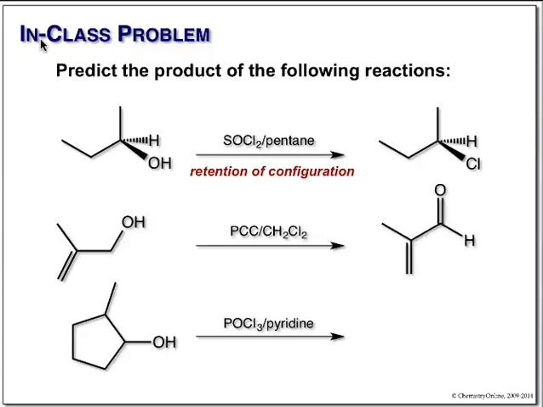All right, POCl3 in pyridine. POCl3 is going to react with our hydroxyl group, and we're going to get an intermediate chlorophosphate ester. What we've done is we have made our hydroxyl group a good leaving group. Now, in the presence of something like pyridine, pyridine is a nitrogen compound.